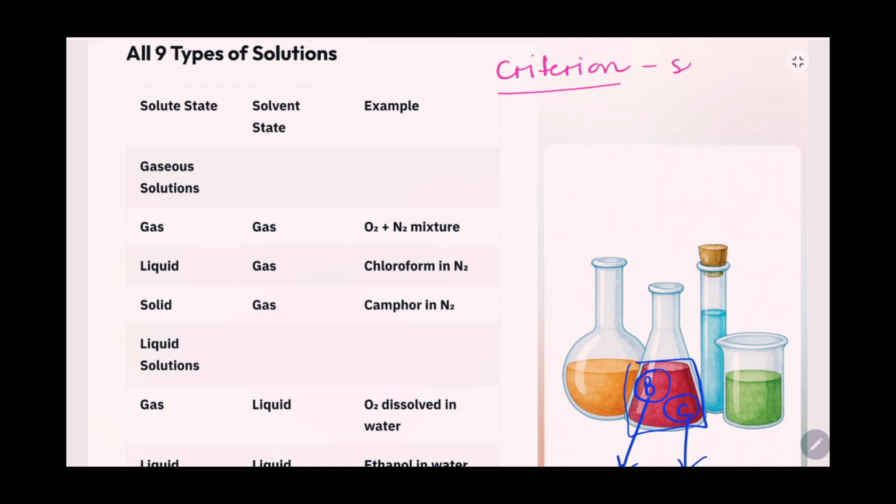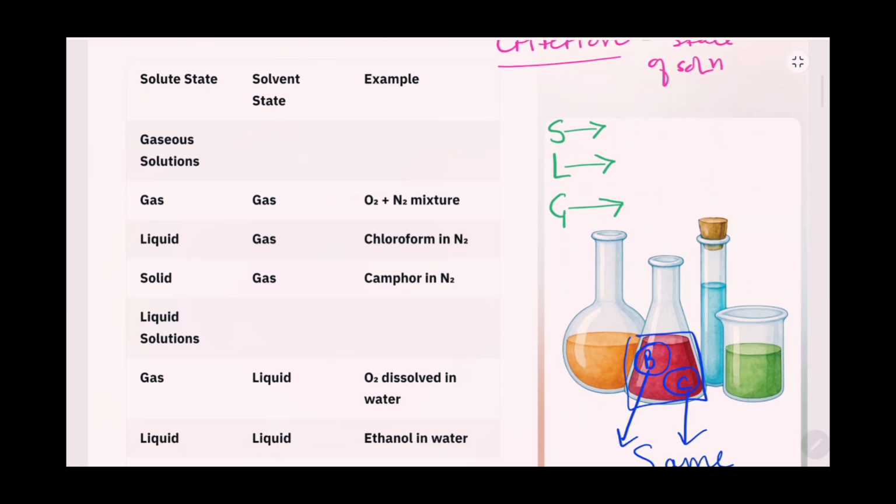It is the physical state of the solution, whether it is a solid, a liquid, or a gas. As we all know, there are 3 commonly known states: solid, liquid and gas. So if the solvent is solid, it is a solid solution. If the solvent is liquid, it is a liquid solution. If the solvent is gas, it is a gaseous solution. Now some examples are given here.